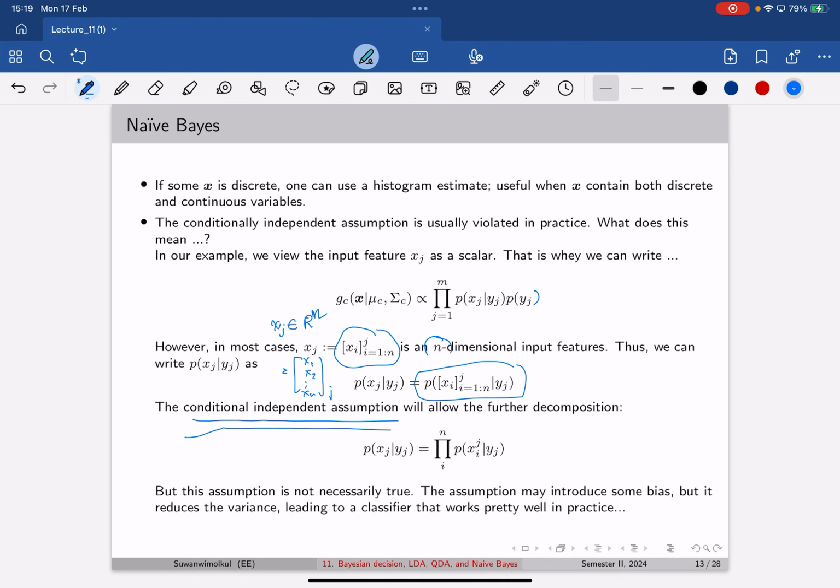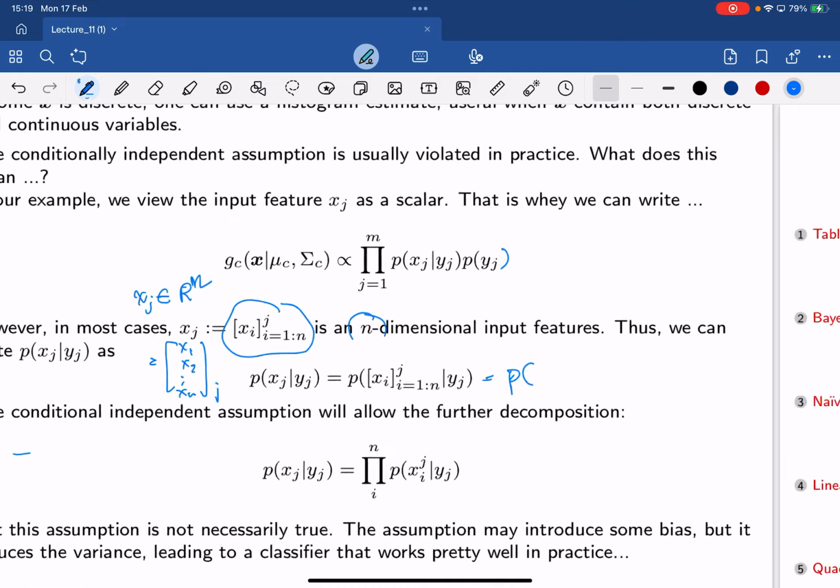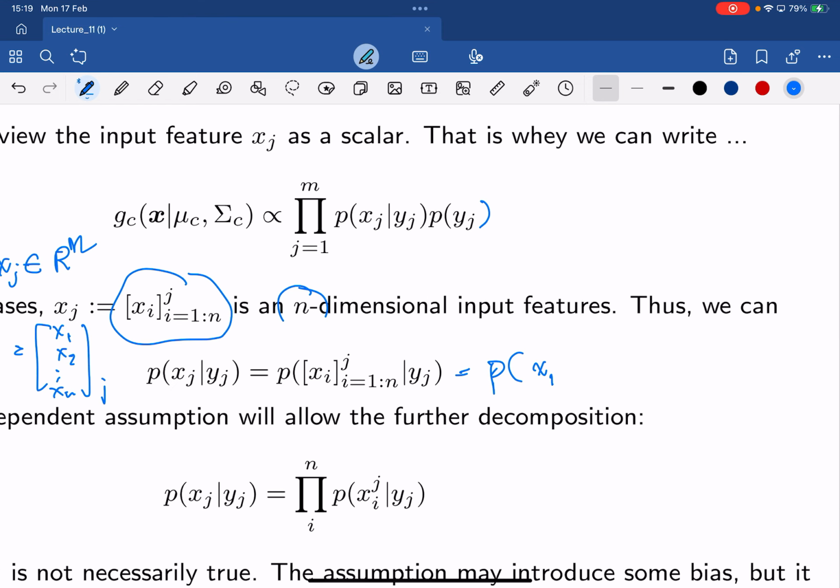That means given yj equal to class C, or whatever class it is, you assume that each and every x given y here is independent. If you don't assume independence, you end up with x1 up until xn of the j sample.